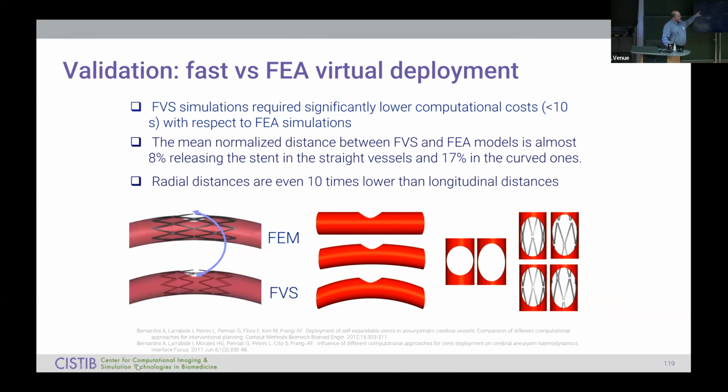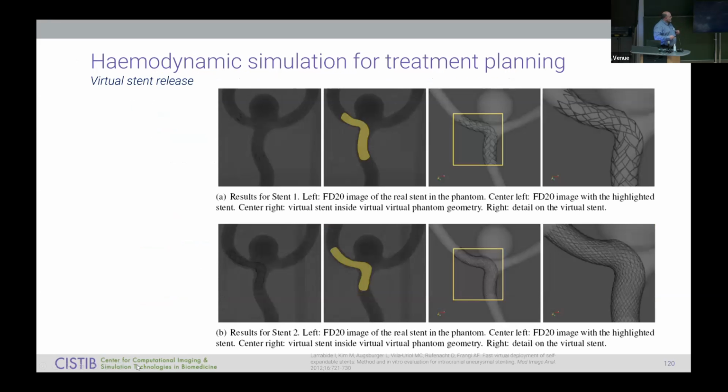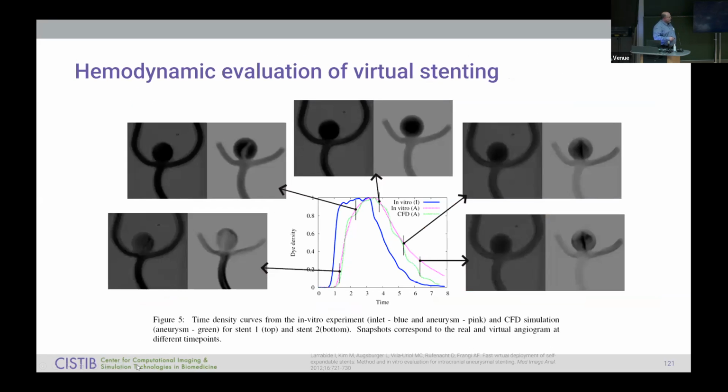If you look at many papers from people who do these models, they do it in nice and sweet vessels, which don't exist. But when you put them in these complicated, tortuous vessel trees, they just diverge. Then you can do comparisons between virtual and real experiments, where you can show the flow patterns. Ignore the blue curve, which is a measurement here.